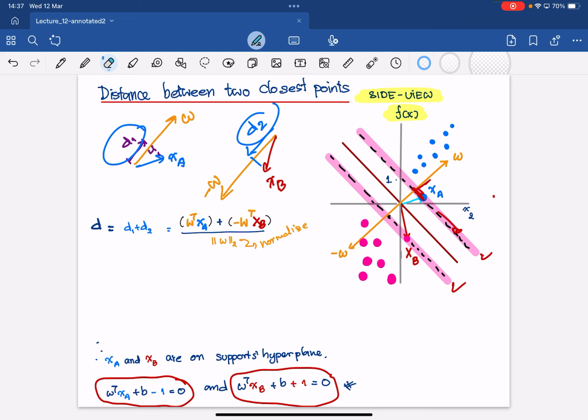And also another thing is that the vector w here is our unknown that we have to learn when we train SVM. And when you try to learn this unknown, when you do the optimization, you probably initialize w with some random value.